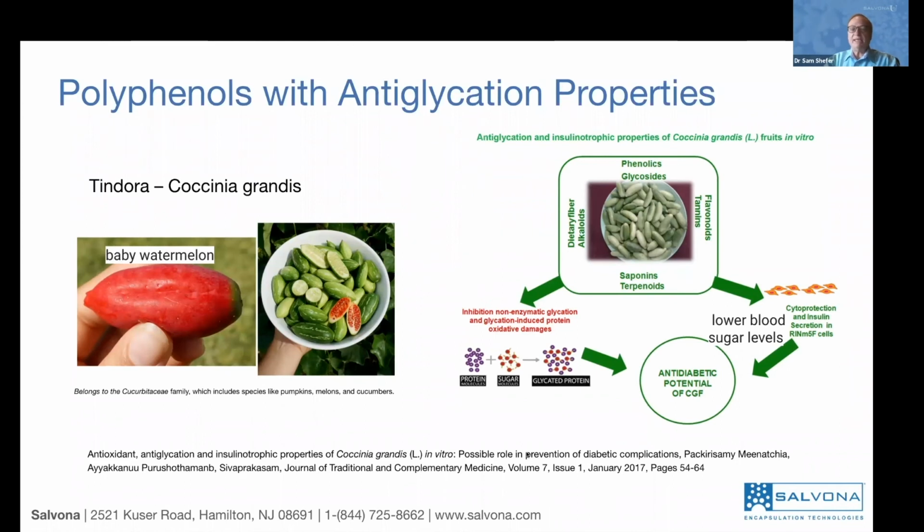One of them is it can stop the glycation process, and it can even lower blood sugar level. In other words, it works like insulin, but as an alternative to insulin. So Tindora may be excellent, but we don't have access to Tindora. So we have to use what we have access to.